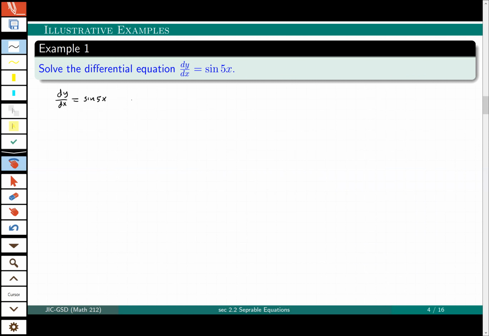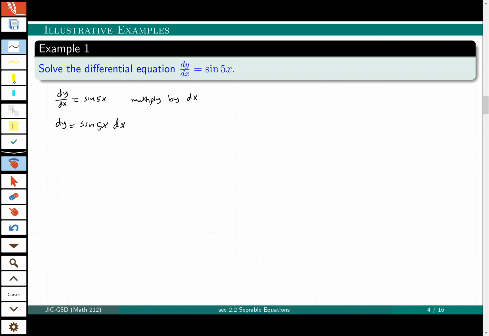Multiplying both sides by dx, we get dy equal to sine of 5x dx.